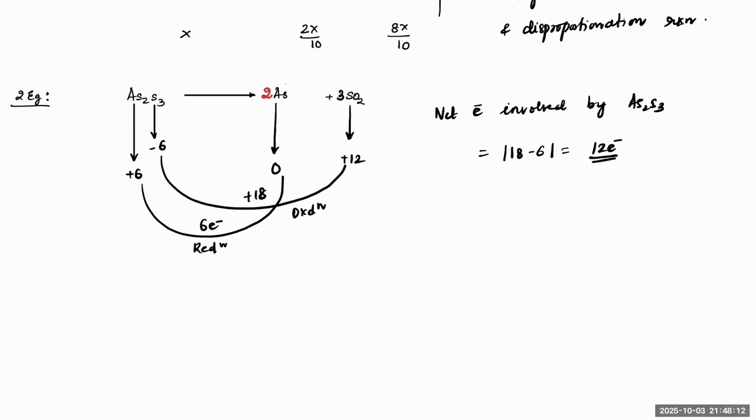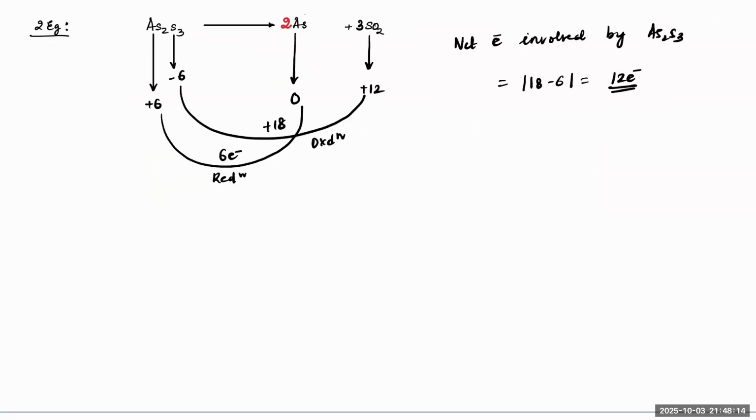Okay. So by chance, if I ask you what is the equivalent weight of As2S3, simply check out its molecular weight and divide it by the total number of net electrons transferred. In this case, it is 12. Got it? 12 will be the valency factor. Clear?